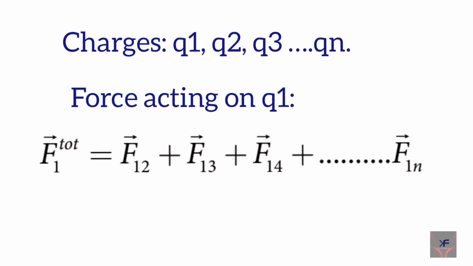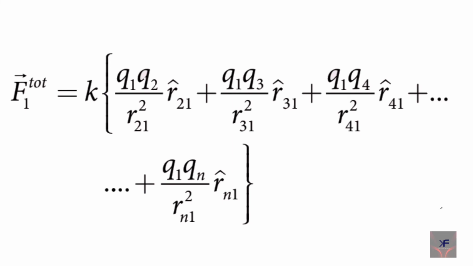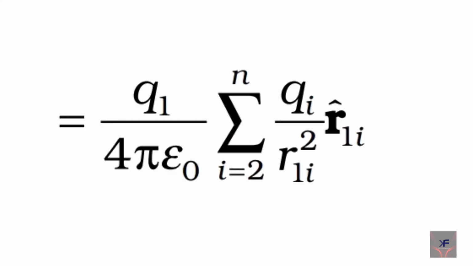Substituting Coulomb's law formula for all the F, we get this. See here k and q1 do not change, so we take them out and write the sum by means of the parallelogram law of vector addition. So the final formula for all the forces acting on one charge is this, where 1 divided by 4 pi epsilon 0 is k.